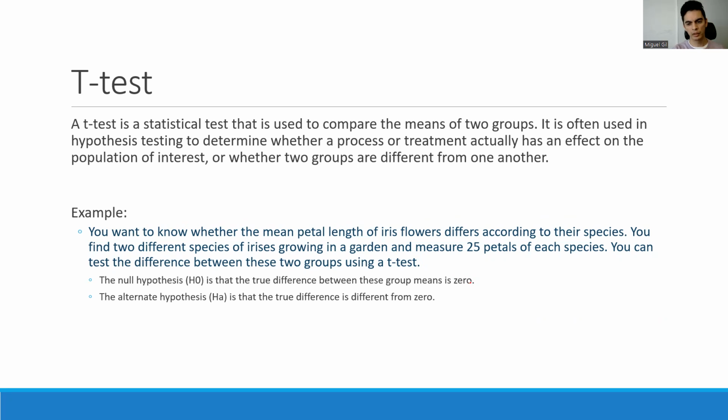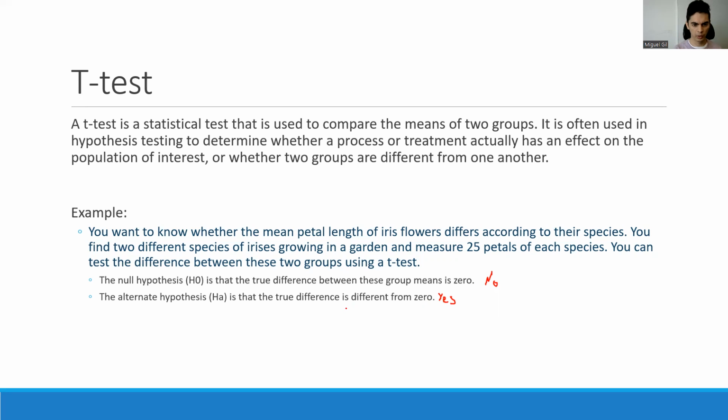If this hypothesis is correct, then the answer is no, there is no difference. Okay, that will be the answer to my research question. And the alternative hypothesis is that there is, right? Yes, there is difference.